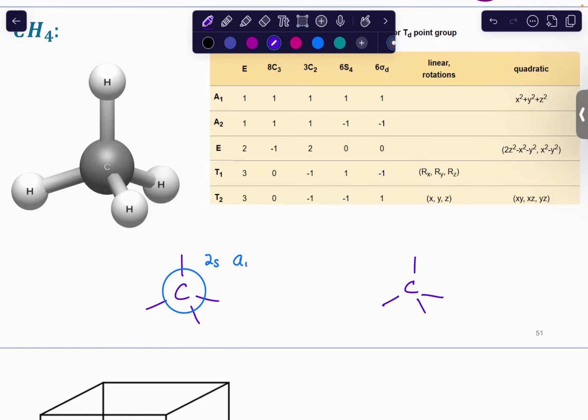Because I could rotate this any direction and have any hydrogen facing up and get the same structure. Okay, go ahead and draw that one coming out. Going that way.